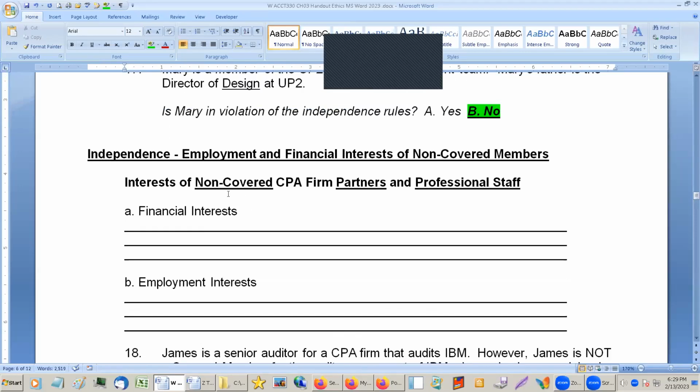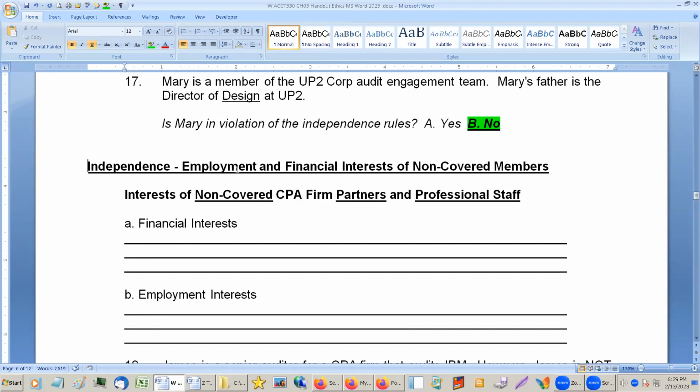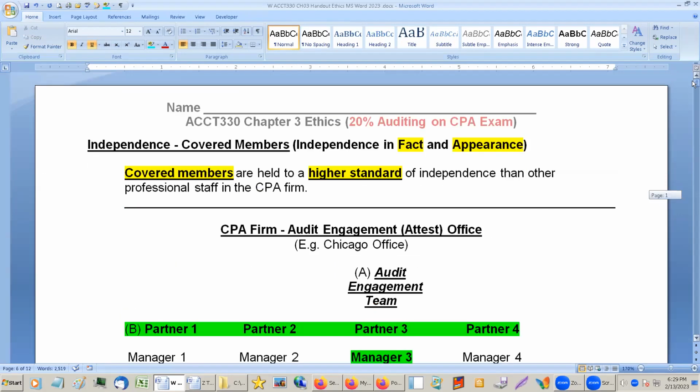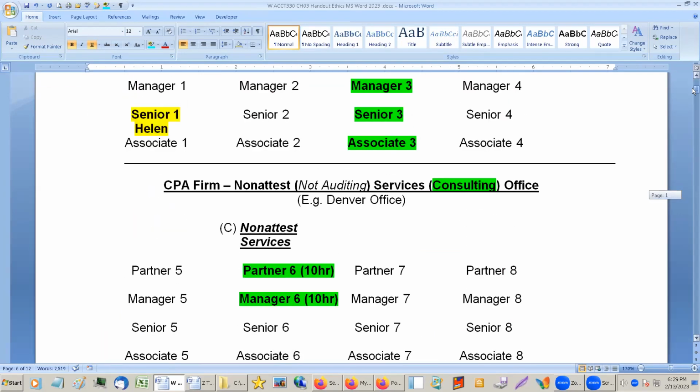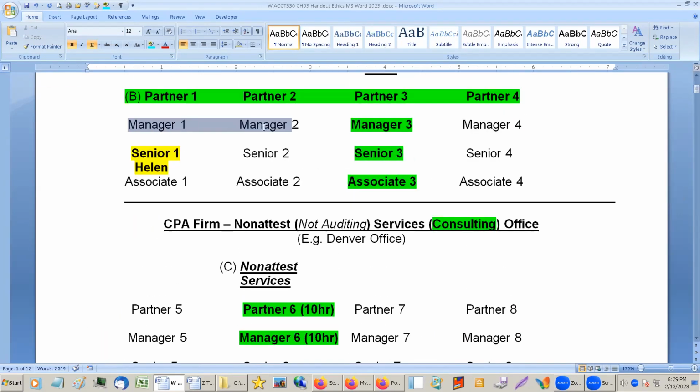Okay, now independence for non-covered members. I'm going to go back up to the top here. So non-covered members, the question comes up, what about these people? There's no rules for these people?